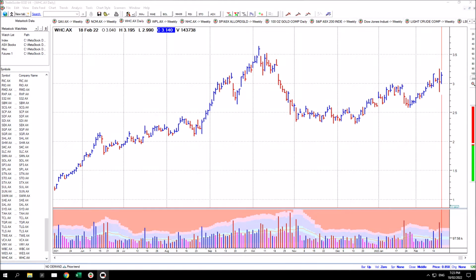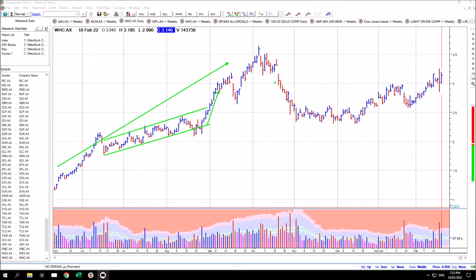Now this is ASX stock, Australian Stock Exchange, WHC. You can see that the stock had been in quite a strong uptrend for quite a period of time. There's a period of bullish absorption through here, and a breakout above that.